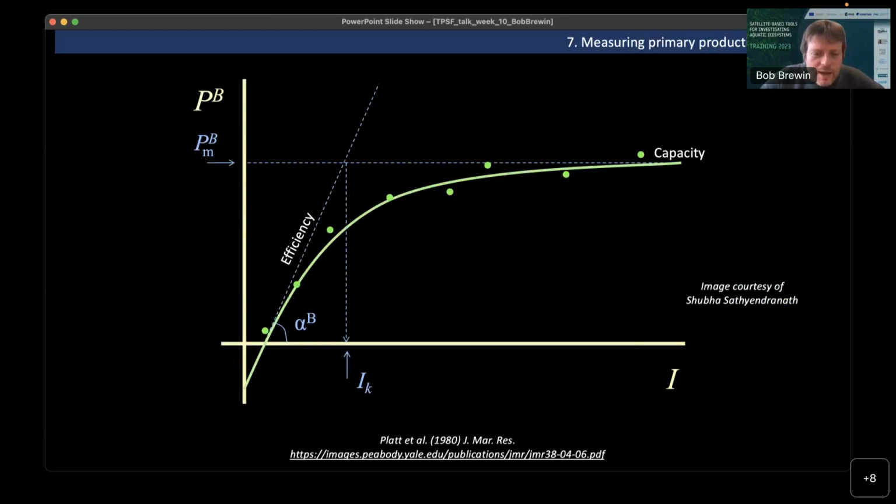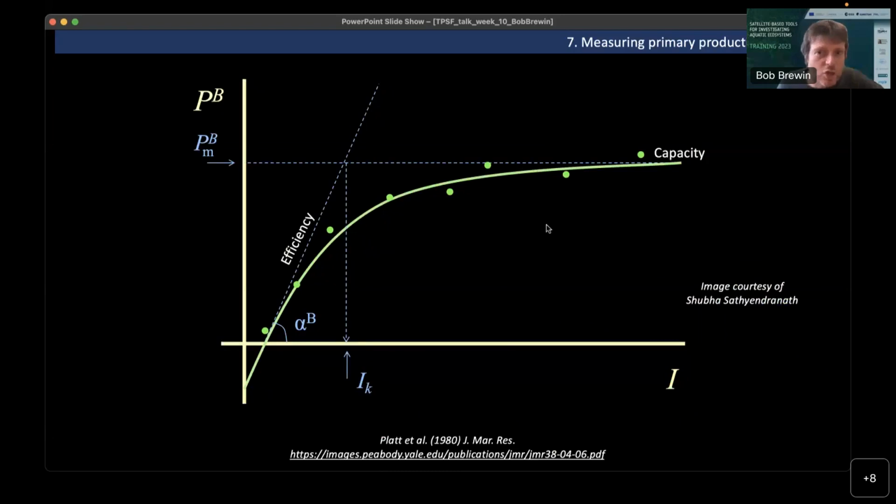As I mentioned a couple of slides earlier, this is what they call a photosynthesis irradiance curve. Again, a lot of work by Platt and colleagues in the 70s and 80s looked at different ways of quantifying this. Here we have normalized production on the y-axis as a function of irradiance on the x-axis, and if we plot our primary production measurements, we can fit a photosynthesis irradiance curve.